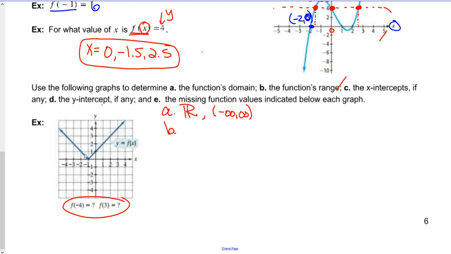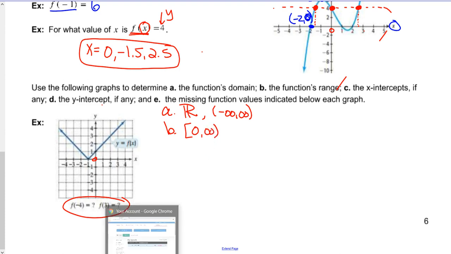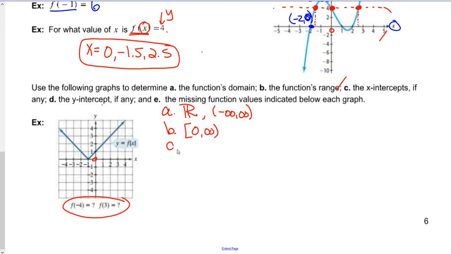So now I'm going to have to go for everything above that. Well, what is the y value here? It is at 0. So our range, we can include 0 because there's a point there. So I'm going to do a bracket, and I'm going to go from 0 to infinity. Okay? So this is basically saying everything greater than or equal to 0. All right, then part C, we want to find the x-intercept.